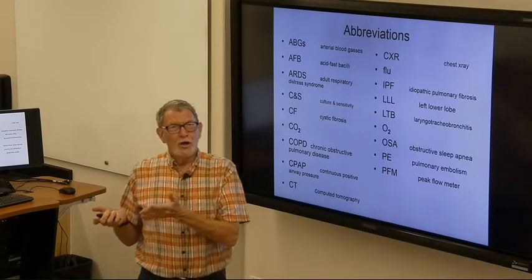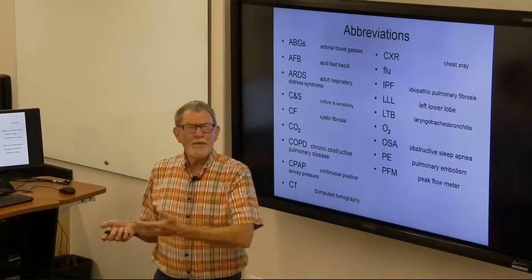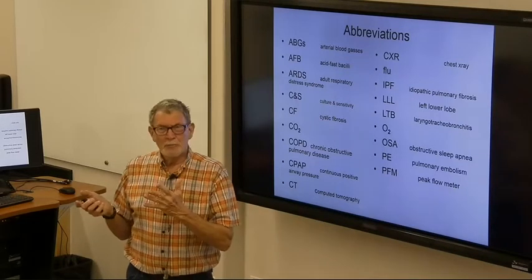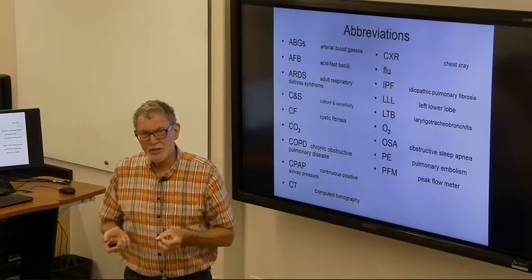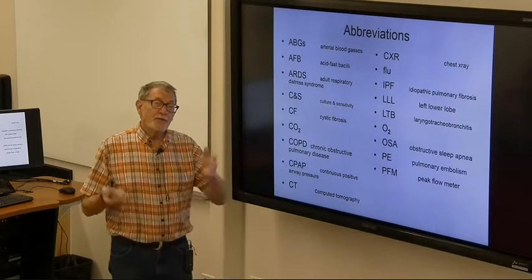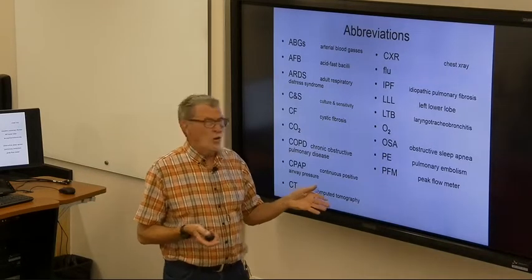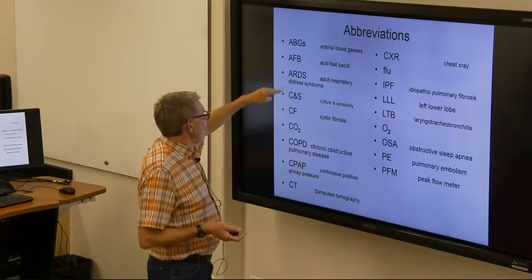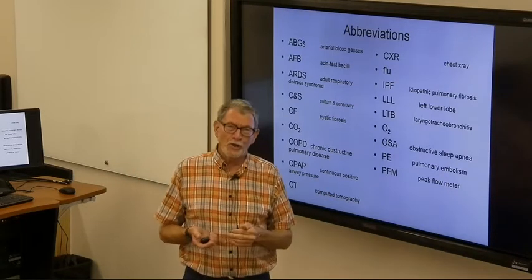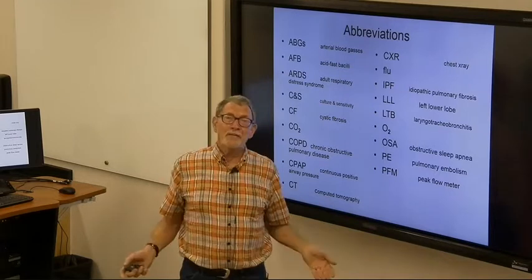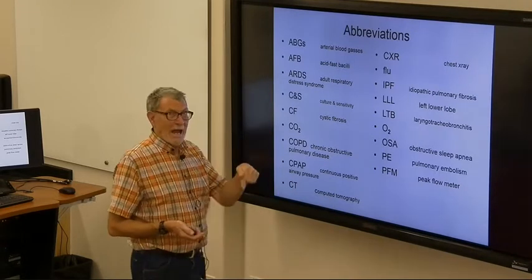Adult versions are usually caused by breathing in something or maybe a deterioration of the lungs. Acute respiratory distress syndrome is just anything that is keeping you from breathing right now.